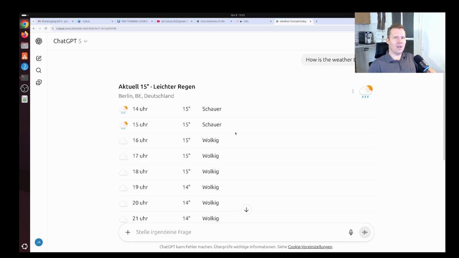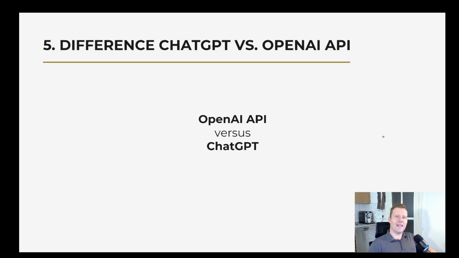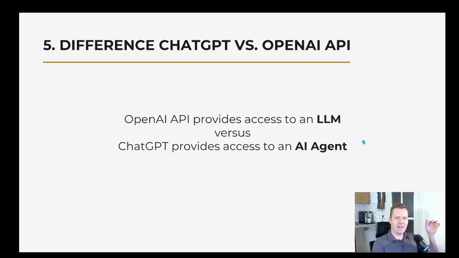So now the question is, why is there a difference, having in mind that OpenAI and ChatGPT are the same company? Again, why, when I send the prompt, what is the weather today, is the response so different? And the answer is that OpenAI API is an LLM and ChatGPT is an AI agent.